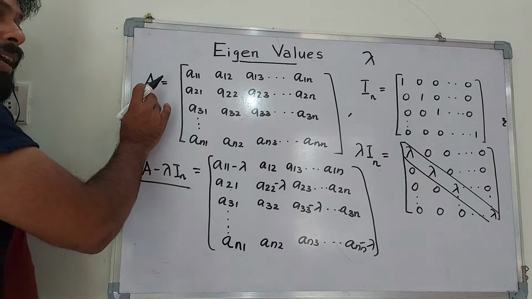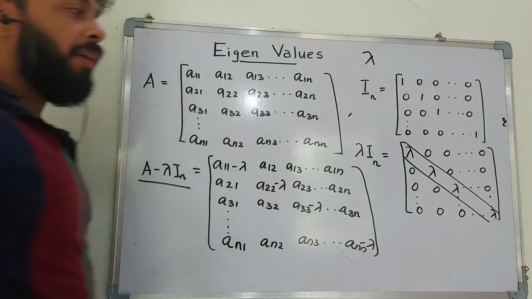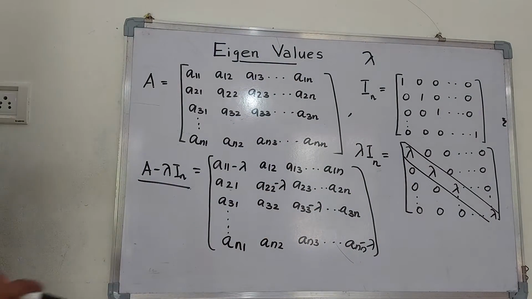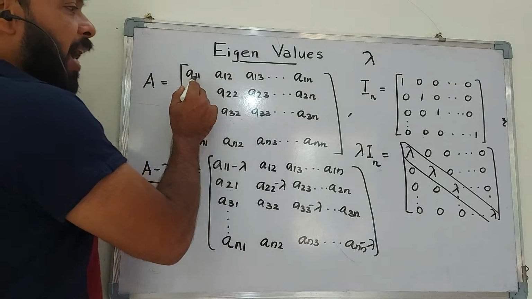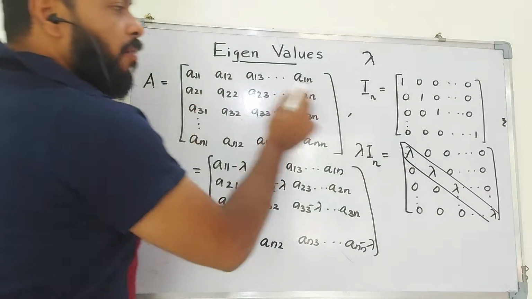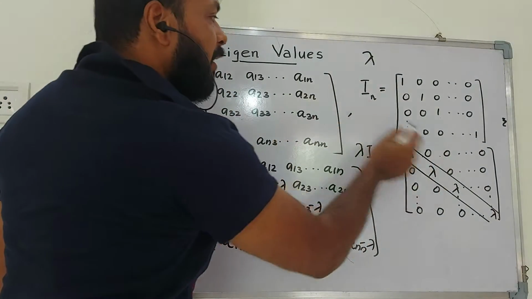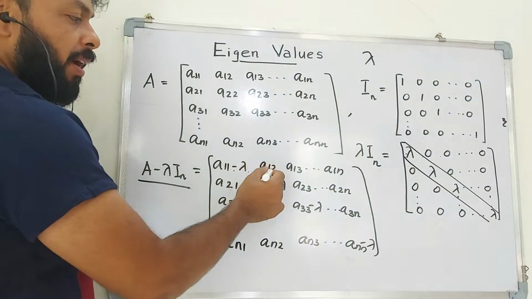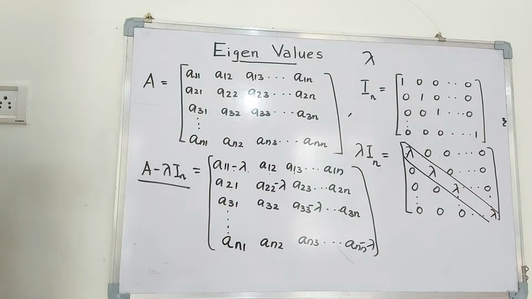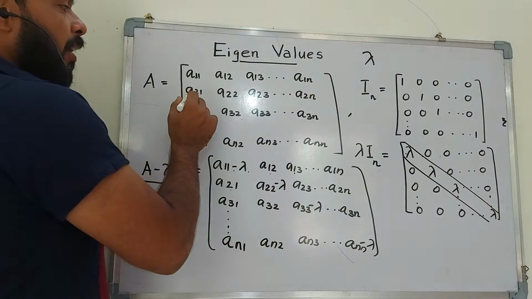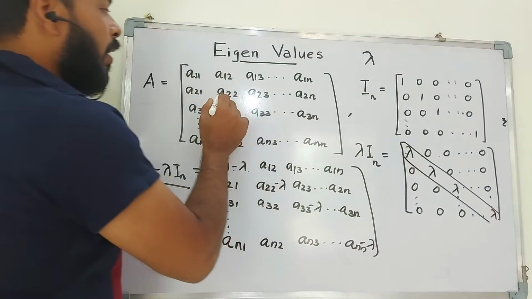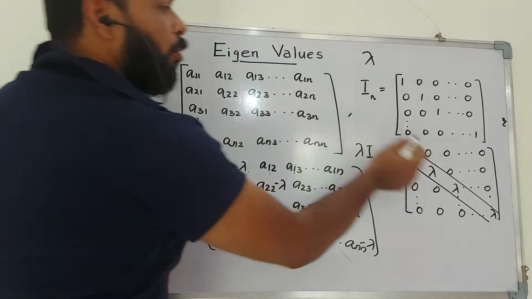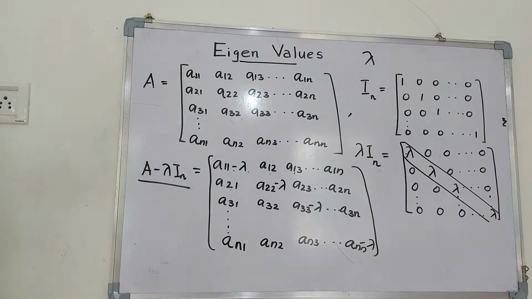Now consider the matrix A minus lambda In. From the matrix A, we subtract the matrix lambda In. So the matrix will be A11 minus lambda, A12 minus 0, A13 minus 0, etc., A1n minus 0. That is, A11 minus lambda, A12, A13, A1n is the first row. Second row is A21 minus 0, A22 minus lambda, A23 minus 0, etc., A2n minus 0.